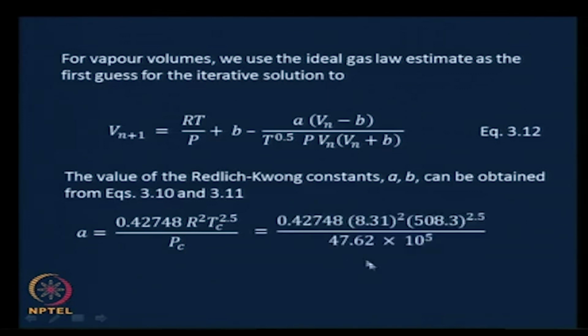If you substitute the values 0.42748, 8.31 for R, 508.3 for Tc, the critical temperature, and Pc was 47.62 into 10 power 5, it turns out to be 36.11 Pascal meter cubed per mole, the whole squared. This is the unit of A.